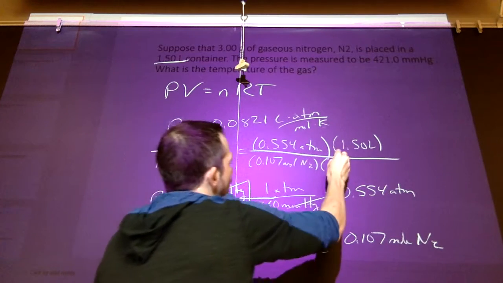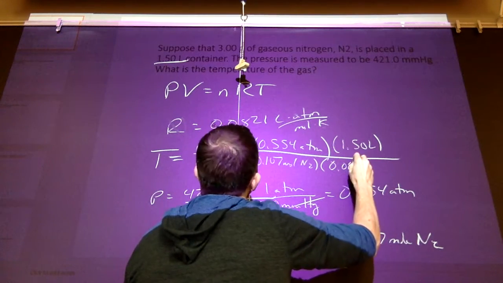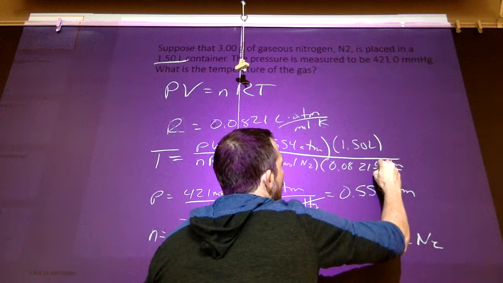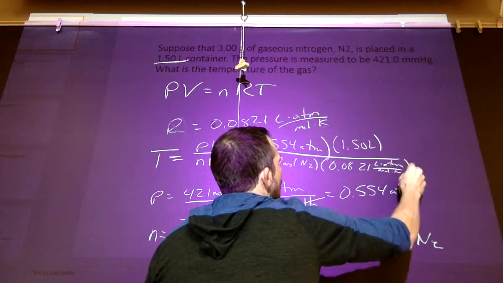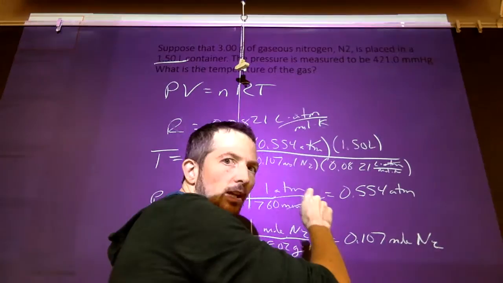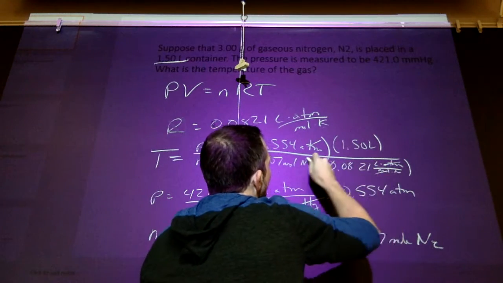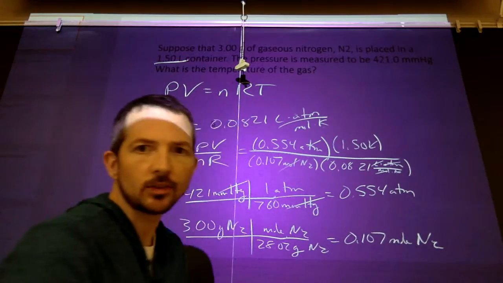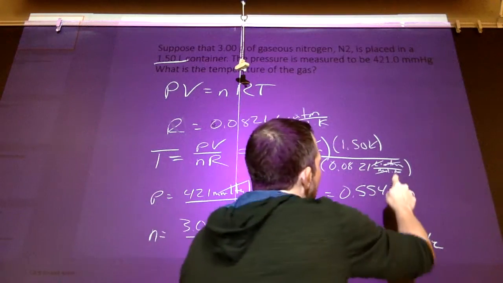And then my gas constant. That way my atmospheres cancel out, moles cancel out, liters cancel out. I'll be left with my answer in Kelvin.